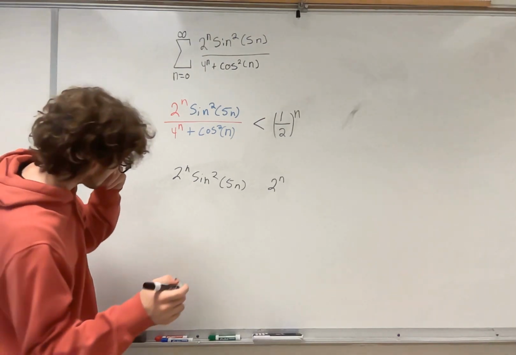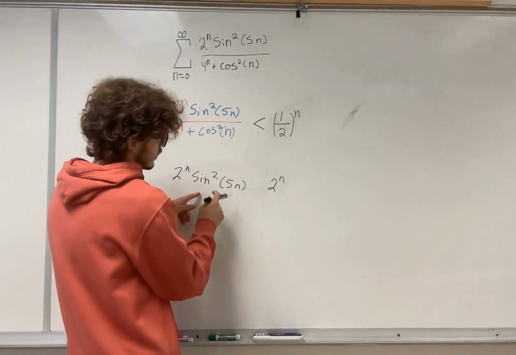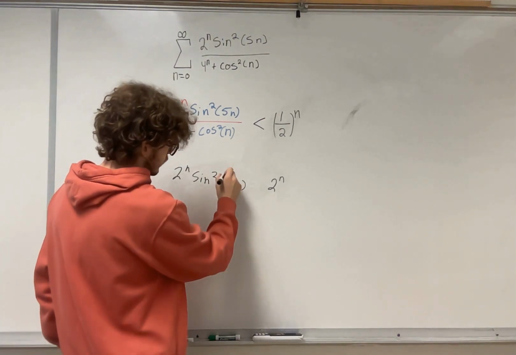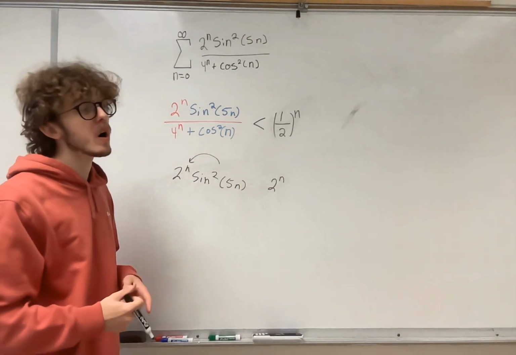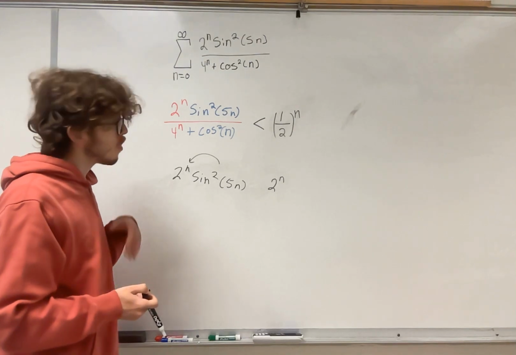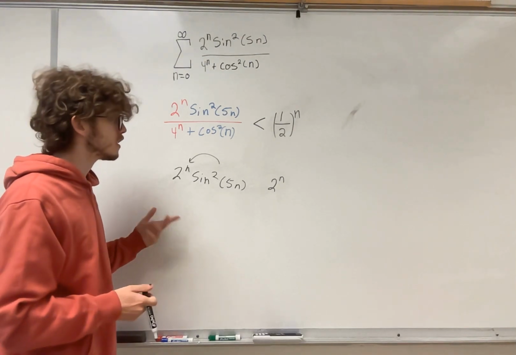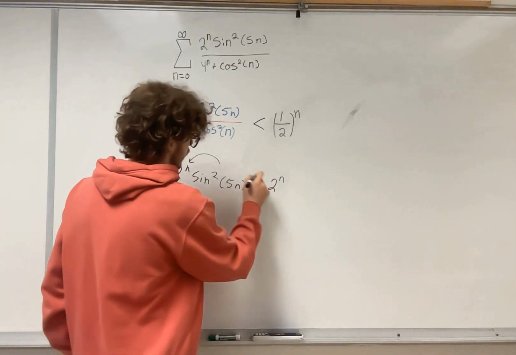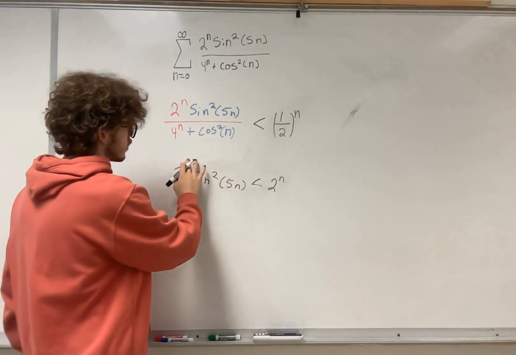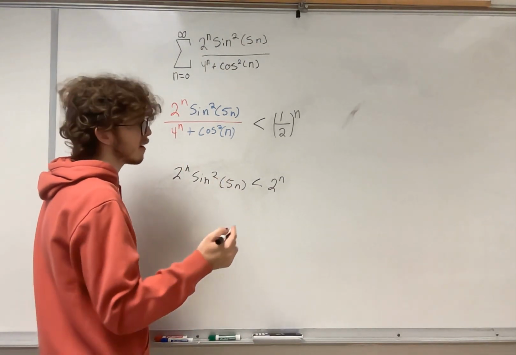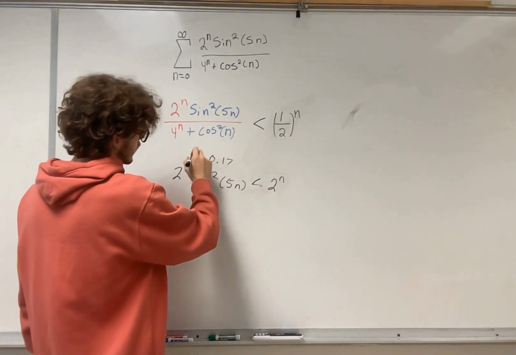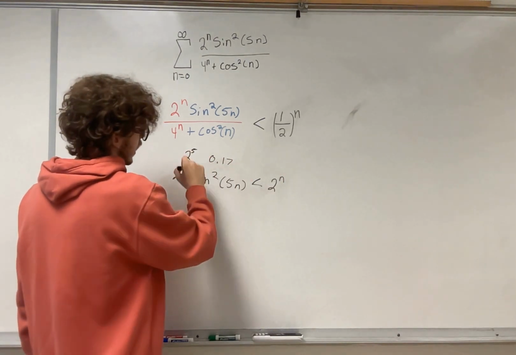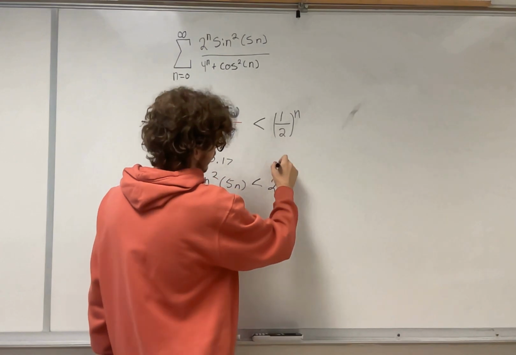So what happens here is this is going to be less than or equal to 1, so it's going to multiply this number by something less than 1 or equal to it, which overall is going to make the other one greater. Like if I plugged in 5 or something, you'd get like 0.17 and so on, times 2 to the 5.